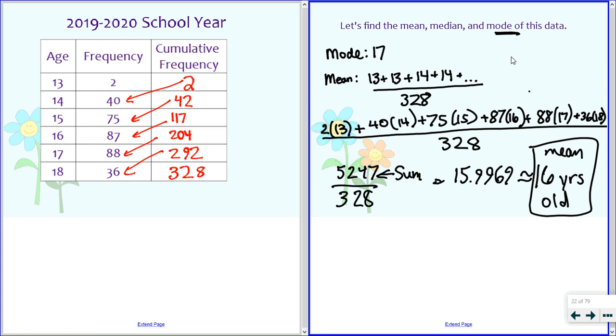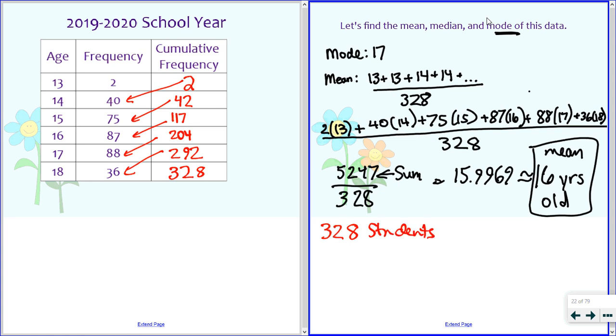Then let's look at the mode of this data. Oh, I'm sorry, we did the mode, the median of this data. So the median of the data is the middle point. So what you need to consider is the fact that we have 328 students.